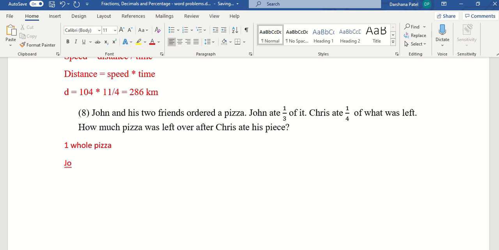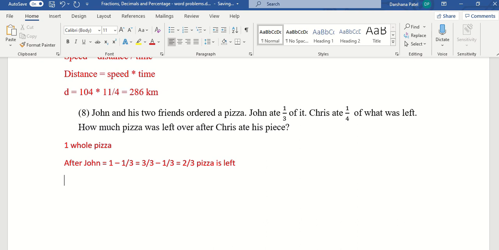After John ate, the remaining pizza is 1 subtract a third. Now 1 subtract a third is the same as 3 over 3 subtract a third, which will be 2/3. After John ate, 2/3 of the pizza is left.